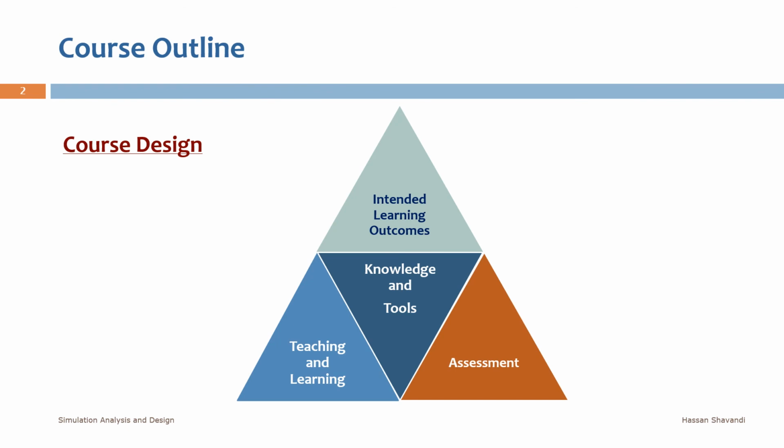And then how we are going to teach that knowledge and those tools during the term, and how students will be assessed based on the knowledge and tools to see how they are learning. Okay, so these four elements will be designed and defined in order to develop a course.